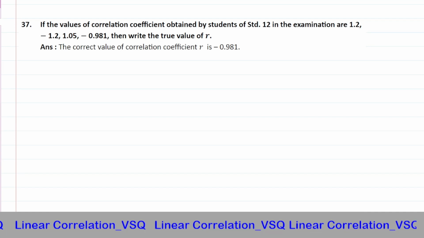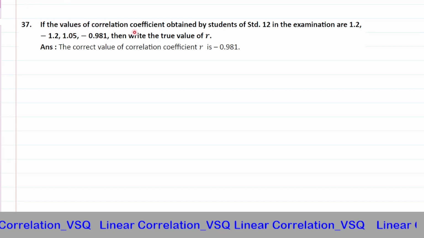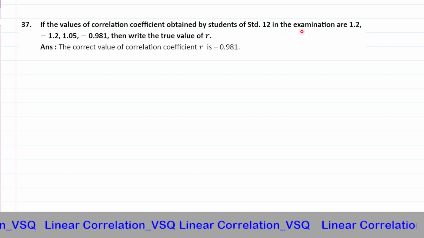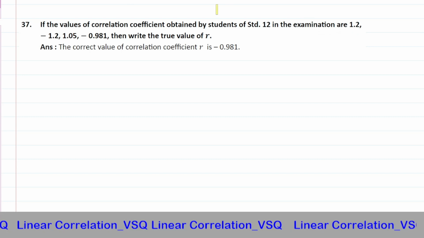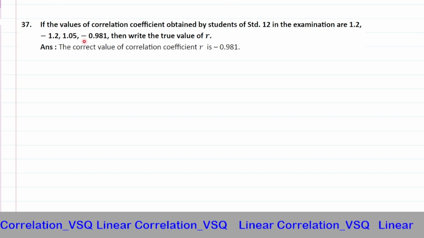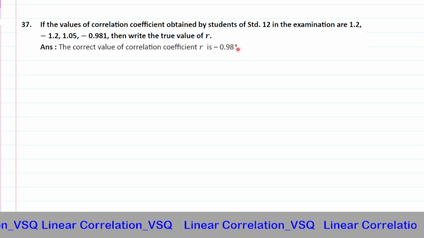Question number 37. If the values of correlation coefficient obtained by students of standard 12 in examination are 1.2, minus 1.2, 1.05 and minus 0.981, write the true value of r.